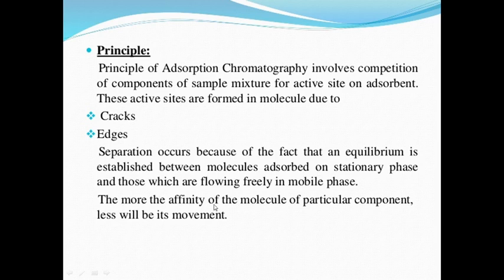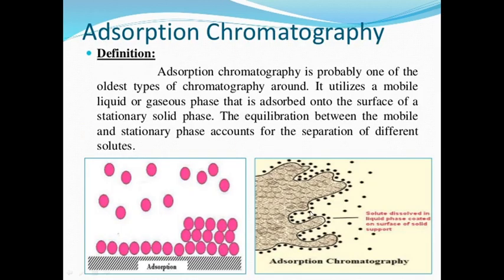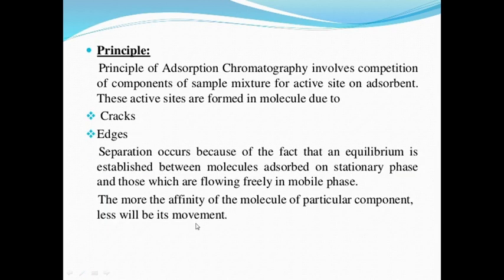The more affinity the molecules have for a particular component, the less will be the movement. So the analyte which shows more affinity toward the adsorbent will have less movement.